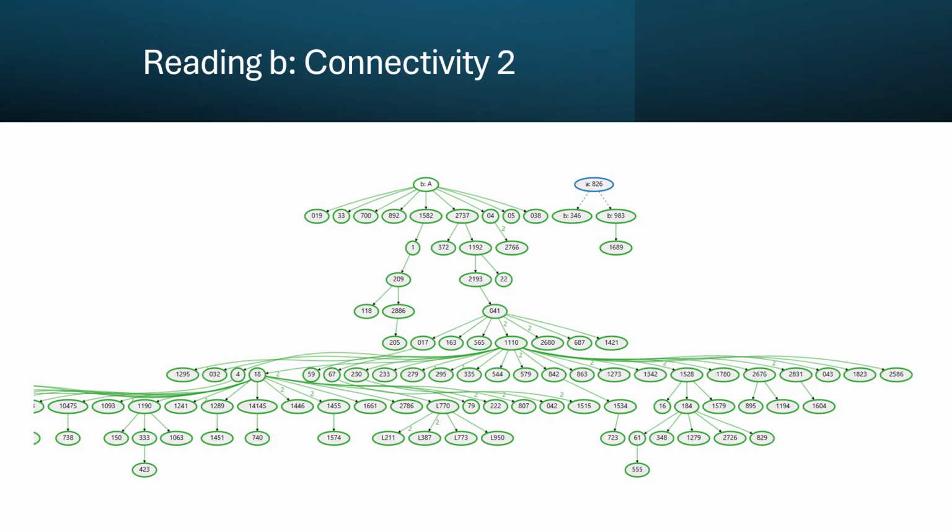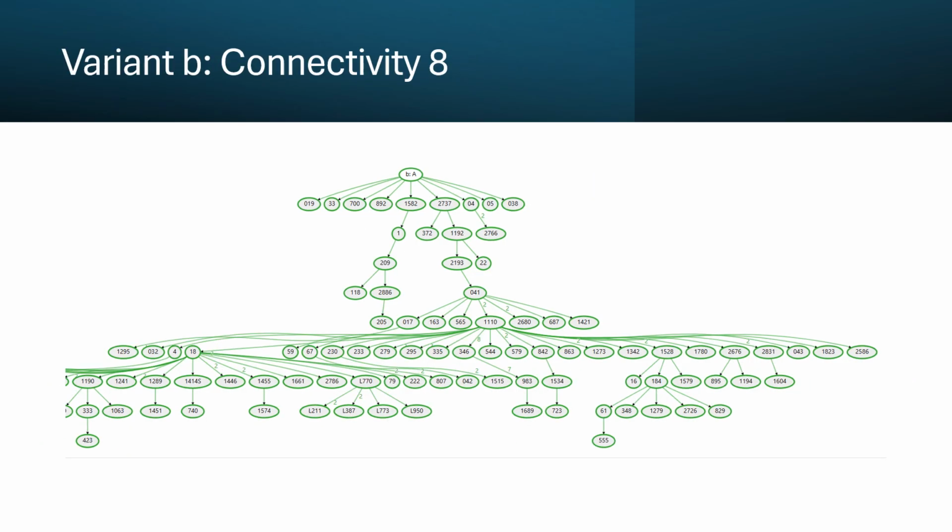The attestation for reading B has significantly greater coherence. At the high connectivity of 2, the attestation has complete coherence except for an interesting variation within family 13. At the connectivity of 8, the attestation has complete coherence.